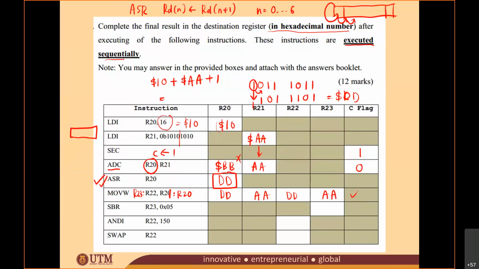Okay, so R23. What is your R23? Berapa kita punya R23? Our current R23 is AA. So 1010, 1010. This is your R23. And then you're going to do a logical OR with 05. So 05 is 0000 and then 0101.